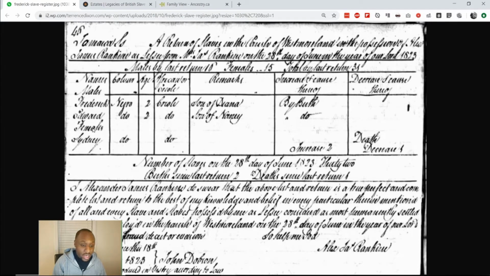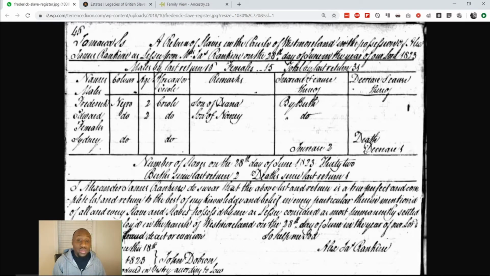And in the female section, there's Sydney. Sydney was Negro. Sydney's age isn't listed, but she was born on the island. And she was a decrease. So there's two increases, one decrease.